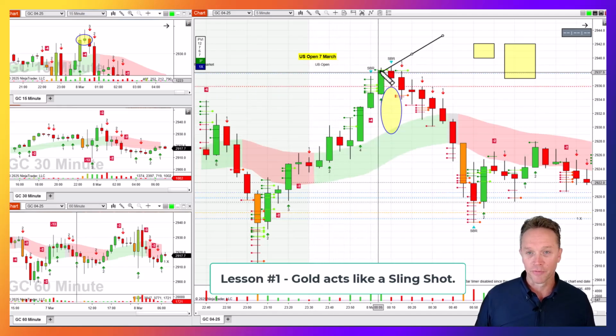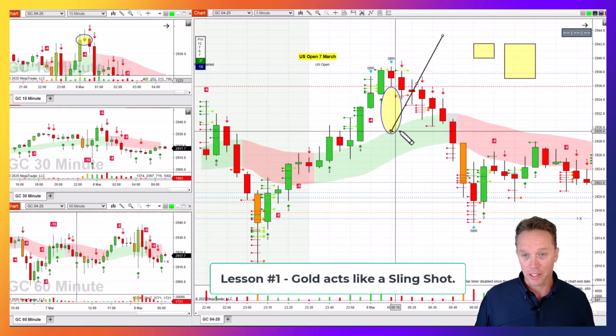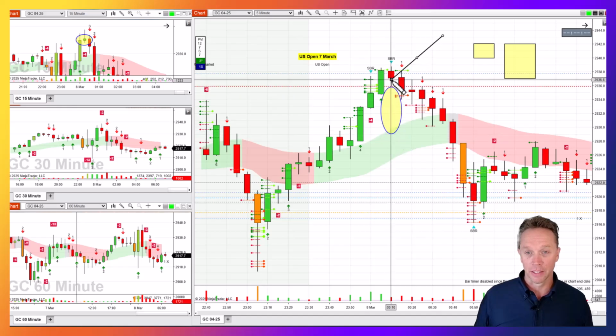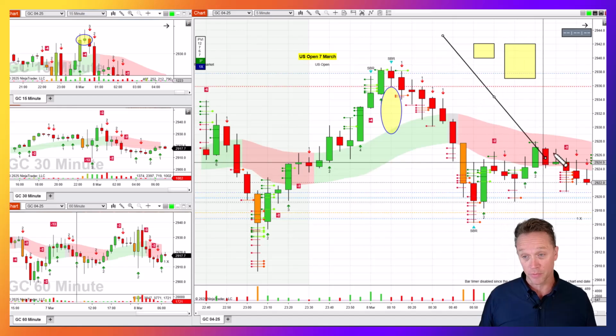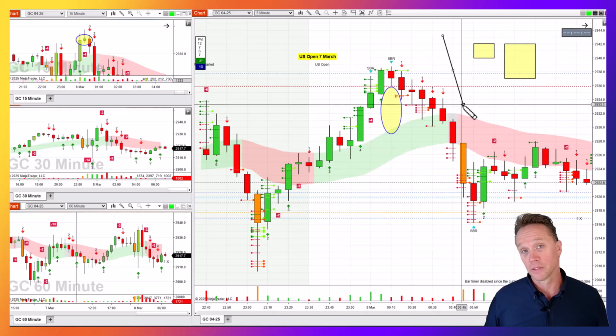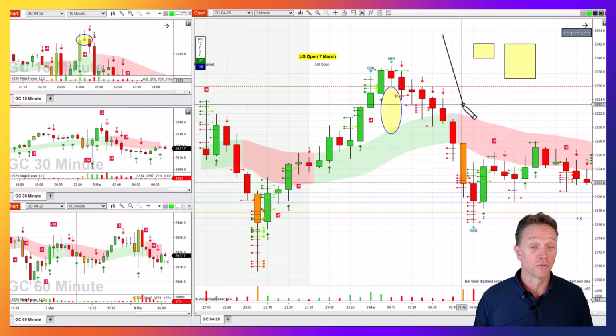Then it flicks away from the trend indicator, creates a really lovely space between price and the trend indicator, then turns around and comes back down and just keeps rebounding. Now, gold has been doing this for a long time. Obviously, the gold market is very volatile at the moment because of the Trump and tariff presidency. Love him or hate him, Trump's going to be really, really good for volatility for the next 3 to 4 years, so I'd suggest there's a really good opportunity to take advantage of the markets.